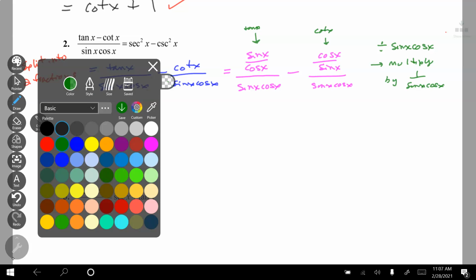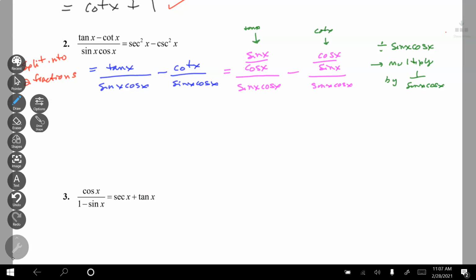I think that'll make things easier. So this equals sine of x over cosine of x times the reciprocal 1 over sine of x cosine of x, minus the same thing over here with the second term, multiply again, 1 over sine of x cosine of x.